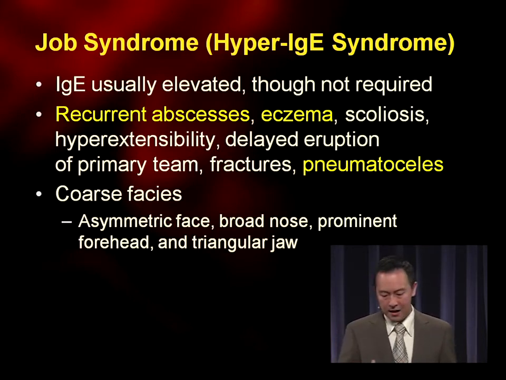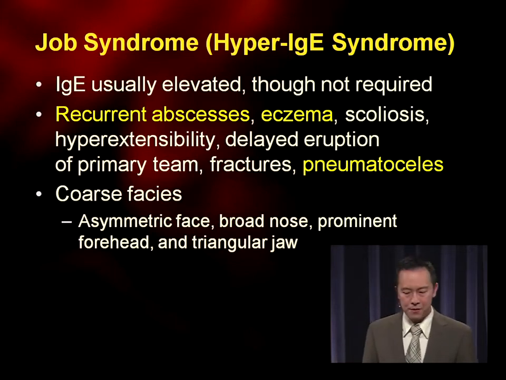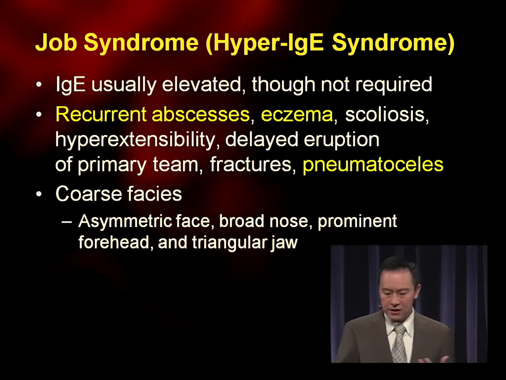These patients have abscesses and boils all over their body. The IgE is usually elevated, though not required, so it's kind of a misnomer that it's called a hyper IgE syndrome. In addition to the abscesses that I talked about, they also have scoliosis, hyperextensibility, delayed eruption of primary teeth, fractures, pneumatoceles, and coarse facies as well. Okay.